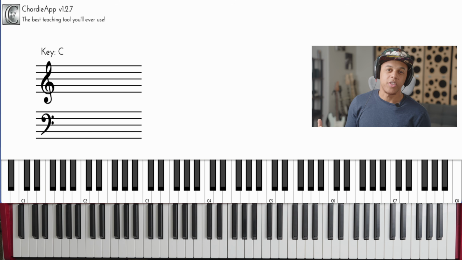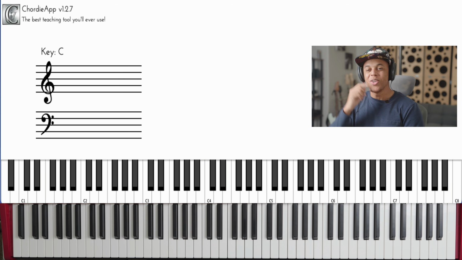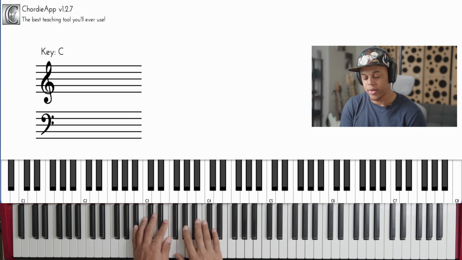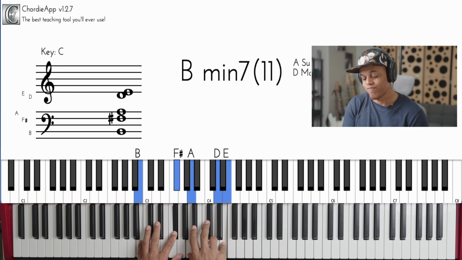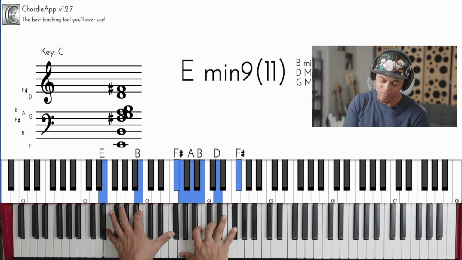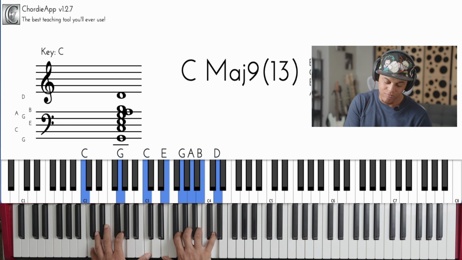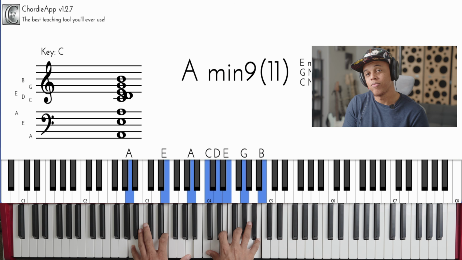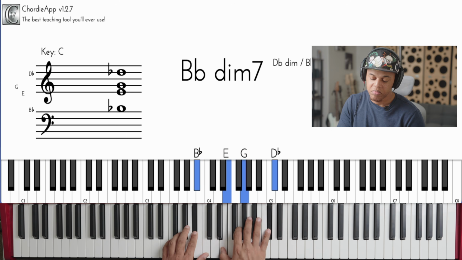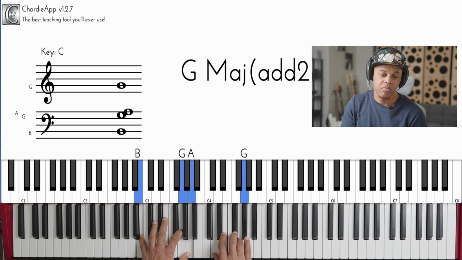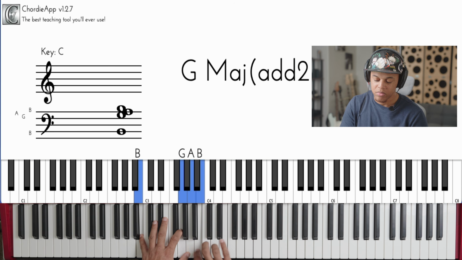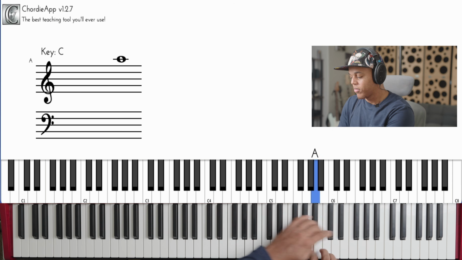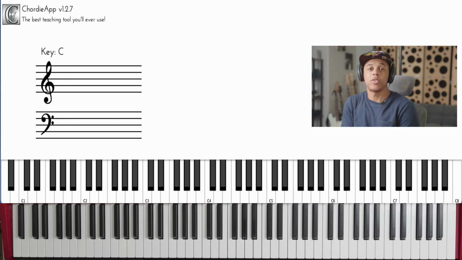They have a very dark tone, a very malicious tone, really cool, and they're great for passing chords as well. So I was using diminished chords as passing chords. So get familiar with that.